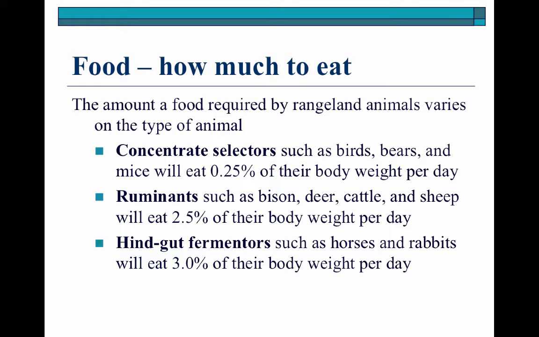Realize that 2.5% may be less during non-nutrient demanding periods and much more during heavily nutrient demanding periods such as birth and lactation. Finally, our hindgut fermenters, such as horses, rabbits, and some other rodent species, actually eat a greater percentage of their body weight than the ruminants, by about 0.5%.